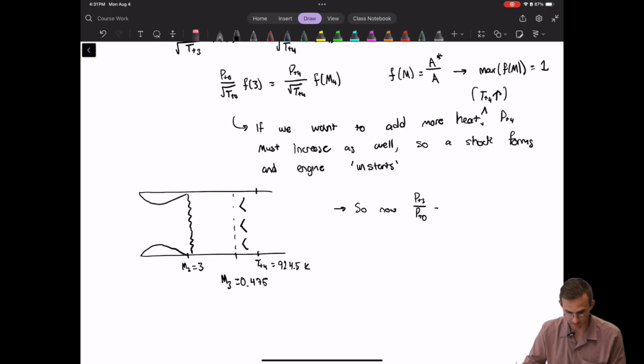So this is now equal to 0.3285. And then the stagnation pressure ratio across the burner is equal to 0.889.